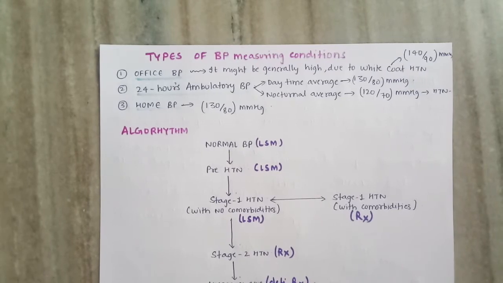So this is the home BP, but we can also do the 24-hour ambulatory BP, which gives the daytime average as well as the nocturnal or night average.